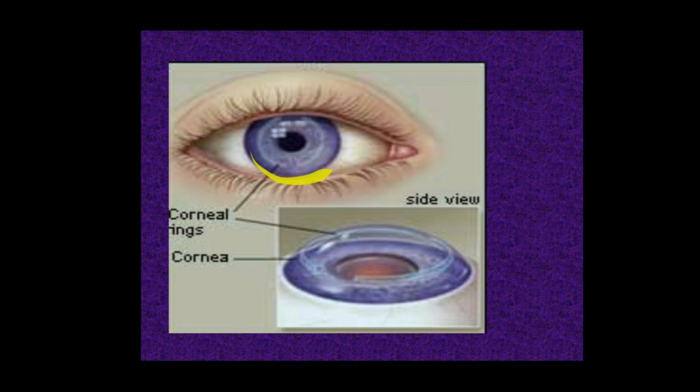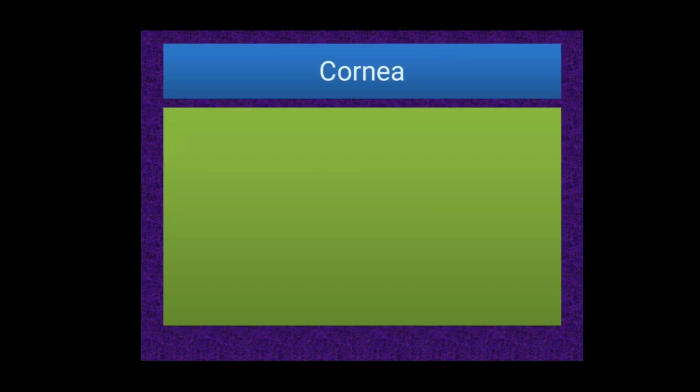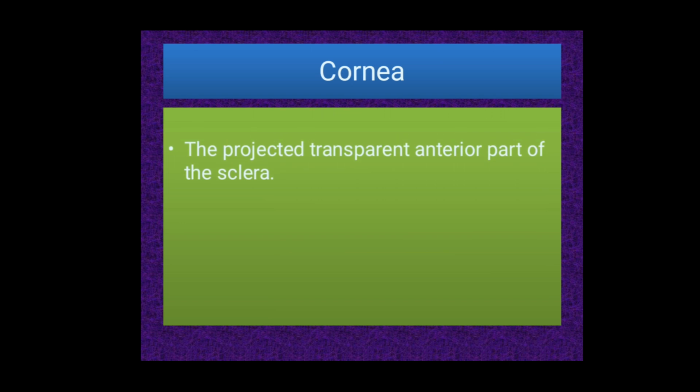Here you can see this bulged portion is called a cornea. This is the side view which shows clearly the bulging or the projection. The projected transparent anterior part of the sclera is called cornea.